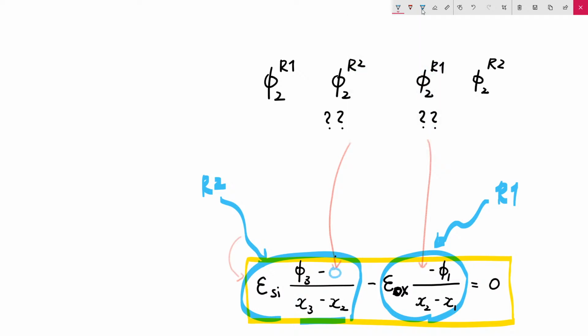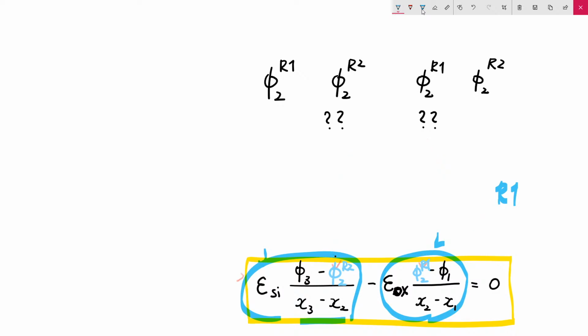Here we have to have phi 2 at R2, and we have to introduce phi 2 at R1. Of course, since phi 2 at R2 or R1 are identical, this equation can be reduced to our ordinary or previous expression.